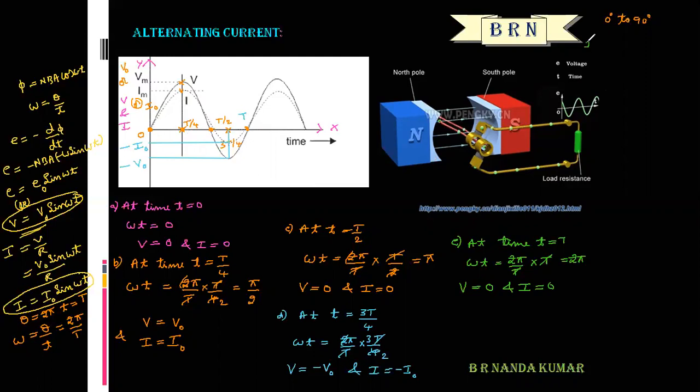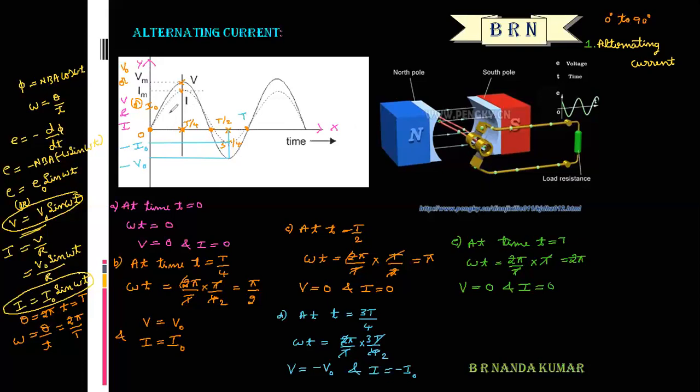So the first one is, what is the meaning of alternating current? Now we can easily define the term alternating current. Electric current is said to be alternating if its magnitude and direction change with time and polarity.